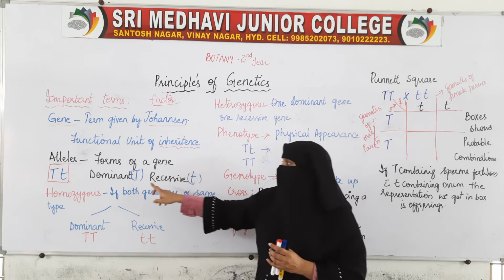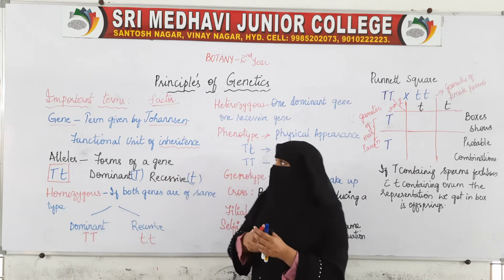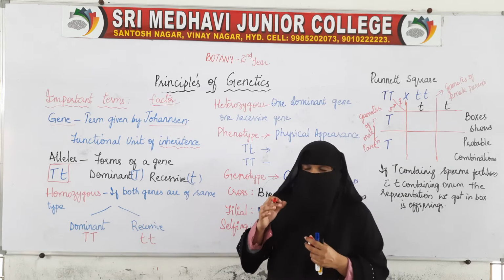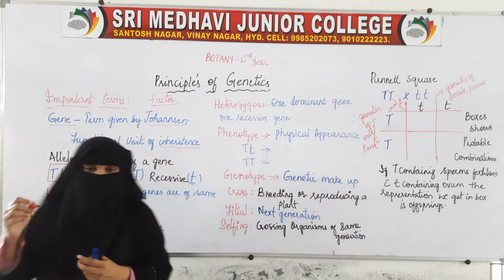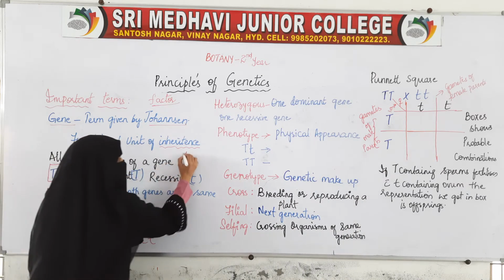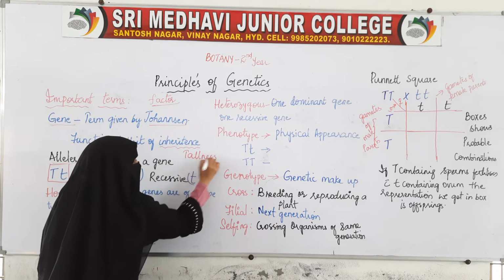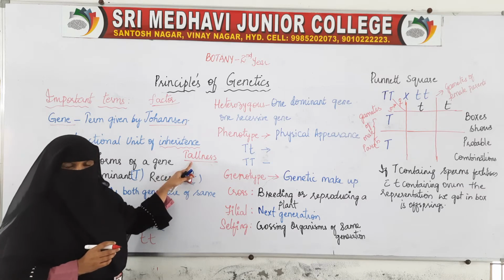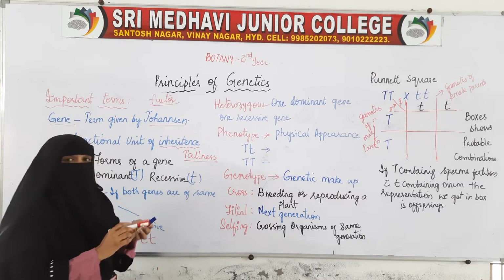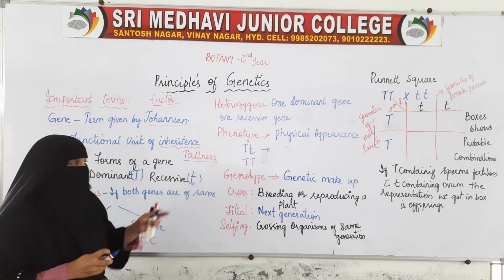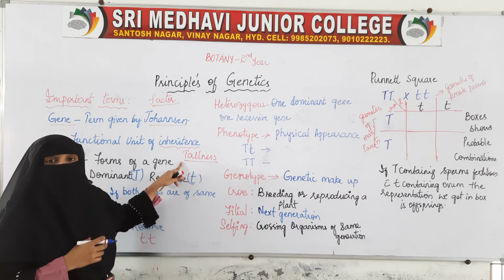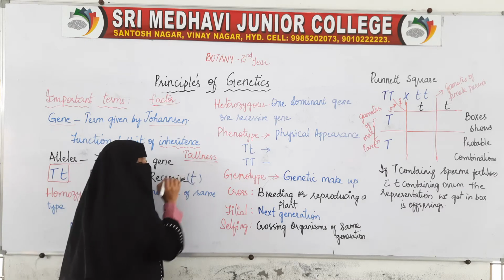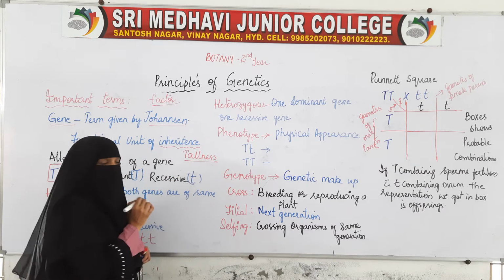Here one form is the dominant. For example, suppose we take the character tallness. To give this tallness, a gene will be responsible, the gene that gives the character tallness to a plant, and that gene can be in 2 forms.